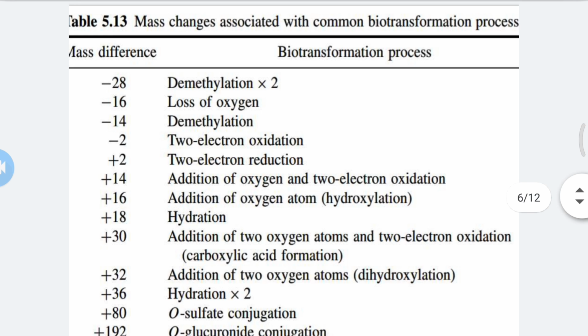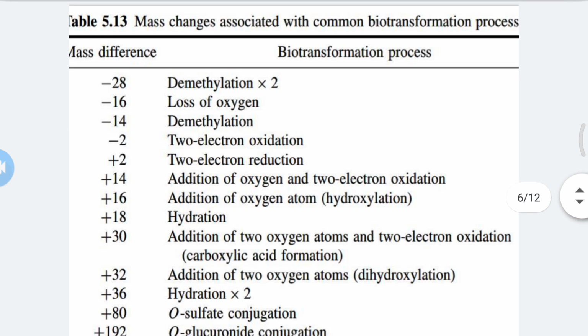If 2 electrons are added in the biotransformation process, then molecular weight increases by 2. If oxygen is added and 2 electrons removed, then its molecular weight increases by 14.